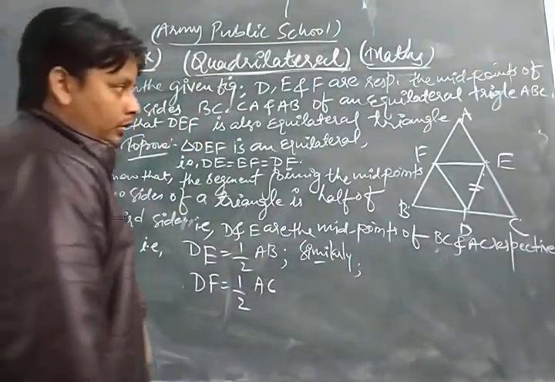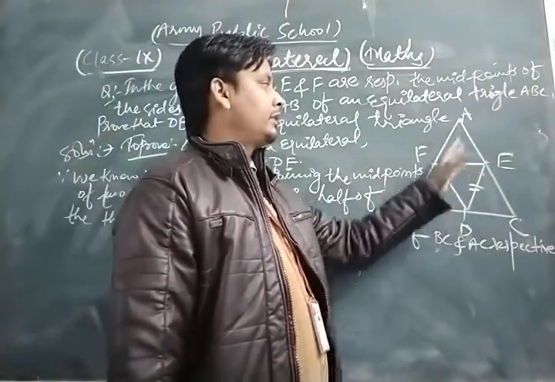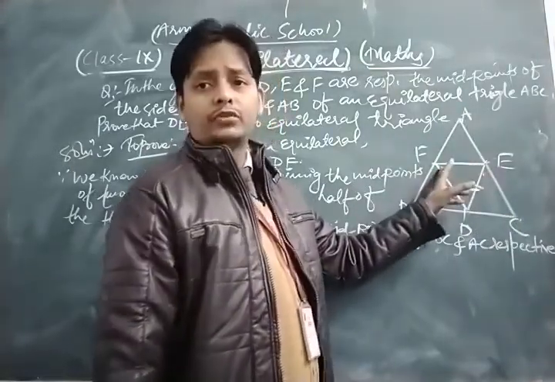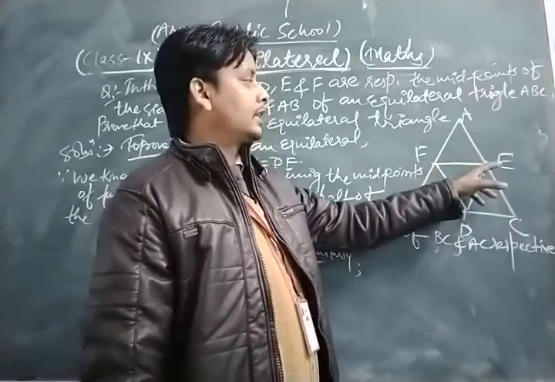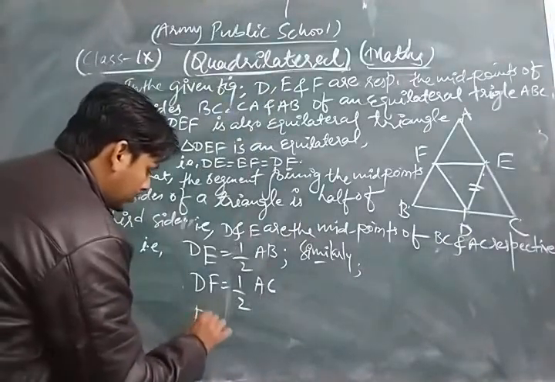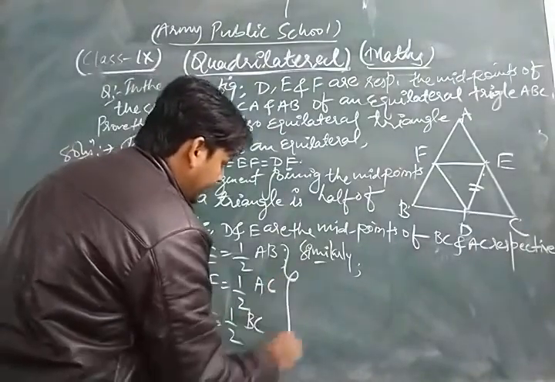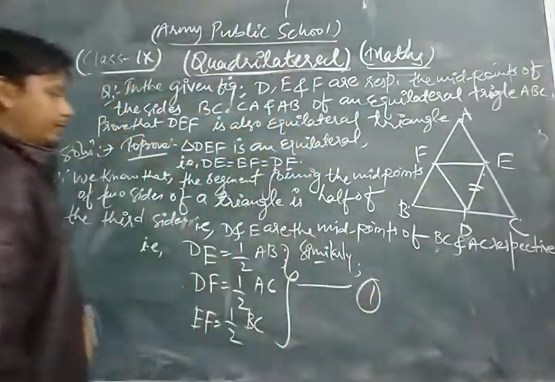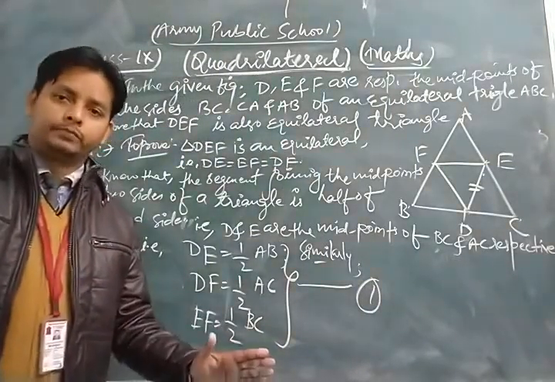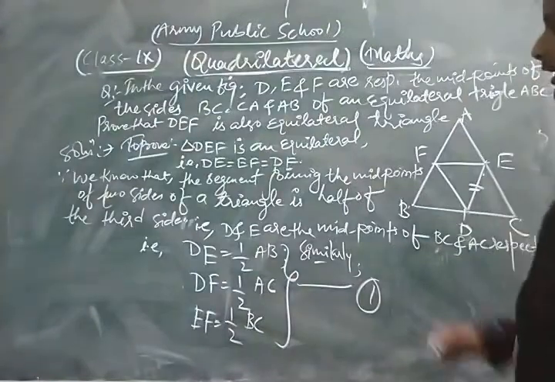And now look, E and F are the midpoints of the sides AC and AB respectively. So the segment EF is equal to half of BC. We call these equation number 1, according to the theorem.